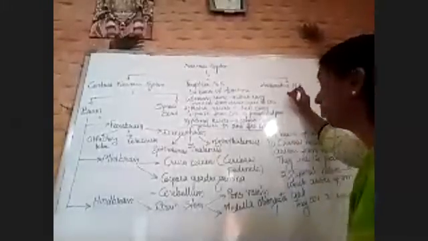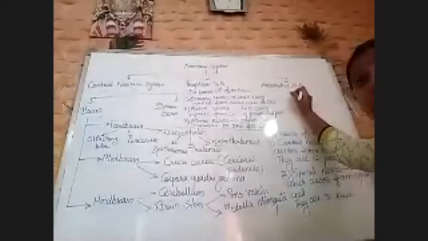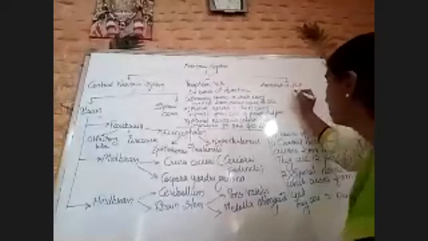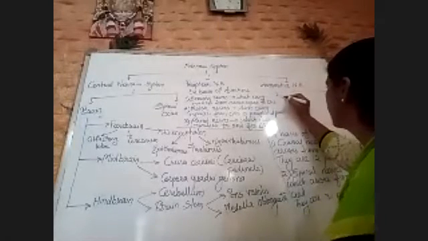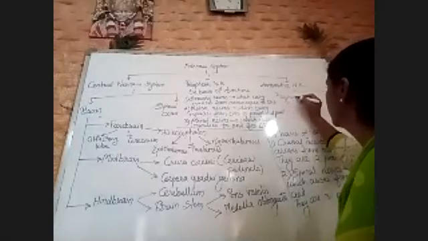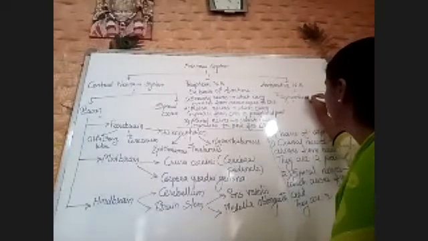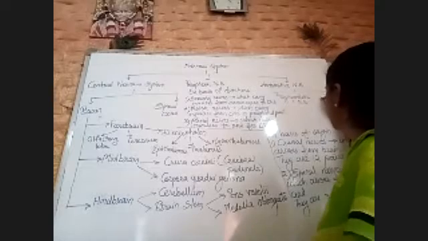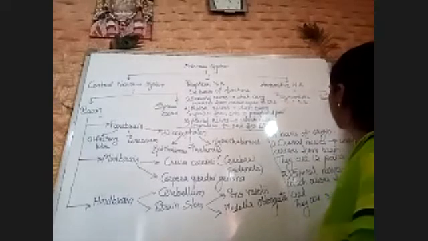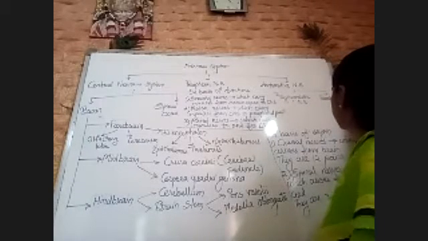Now autonomic nervous system. अब autonomic nervous system जो है, they are classified into two parts: sympathetic nervous system, and the second is parasympathetic nervous system.